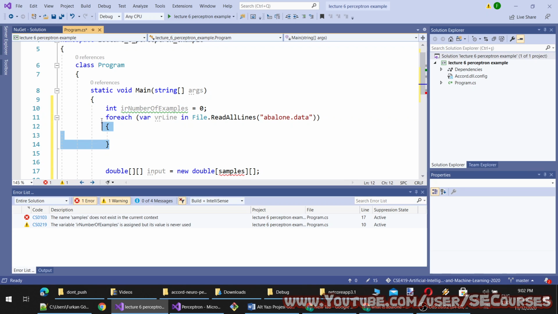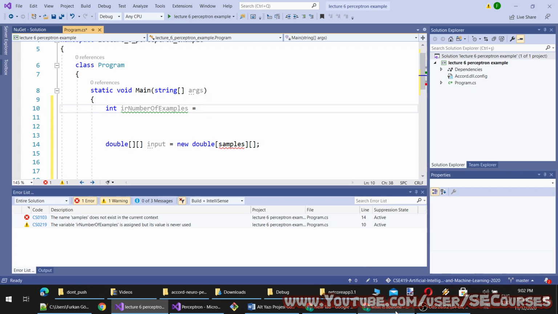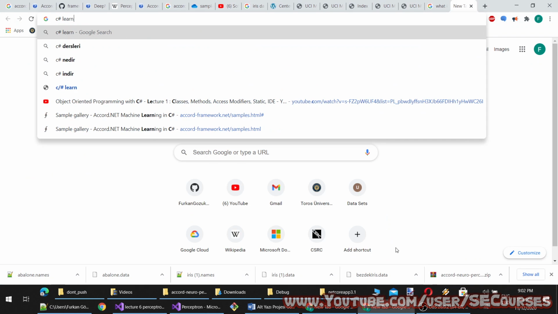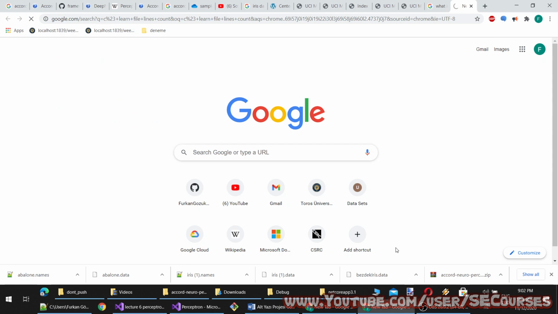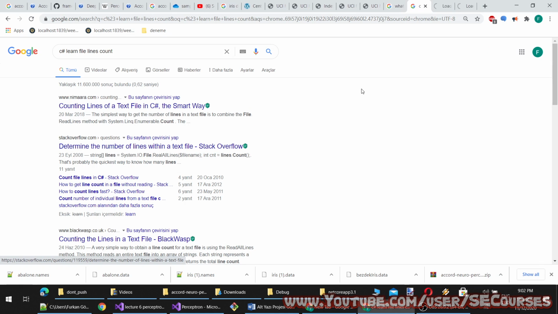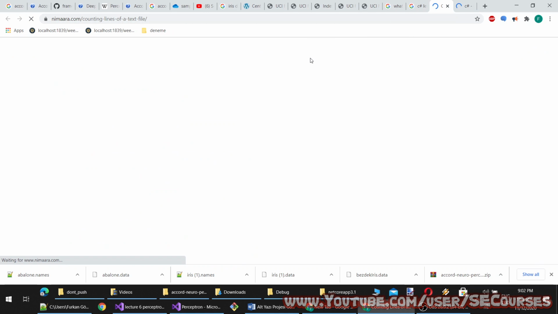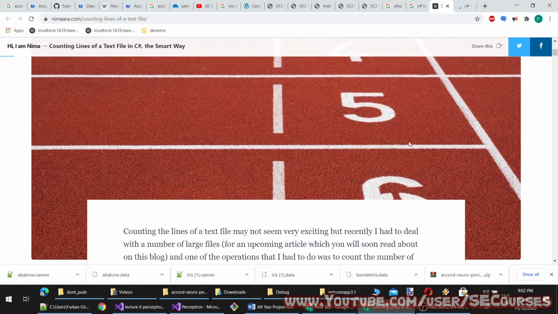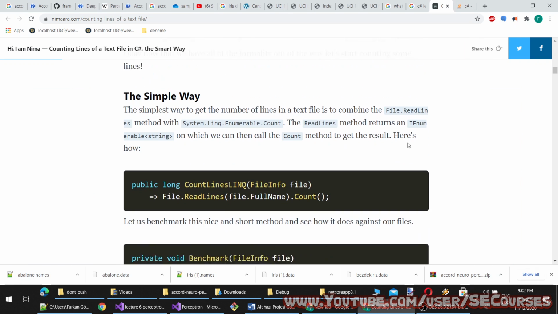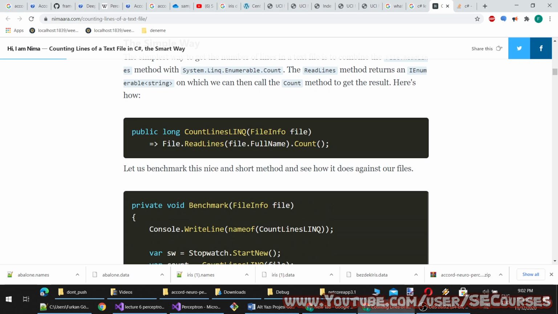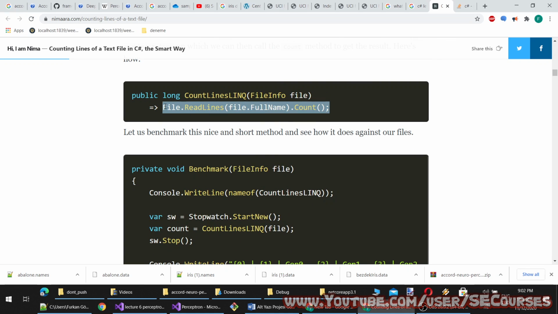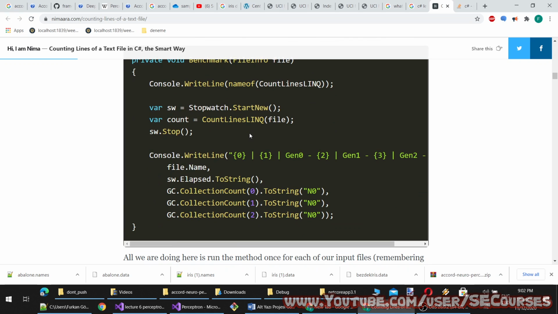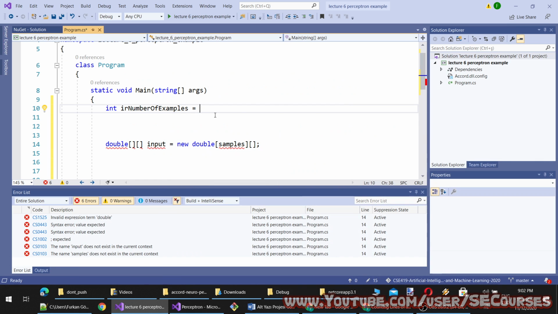I'm not sure if it is possible with an easier way, or just with foreach or something. Okay, I already know this way, and this seems like the best way.